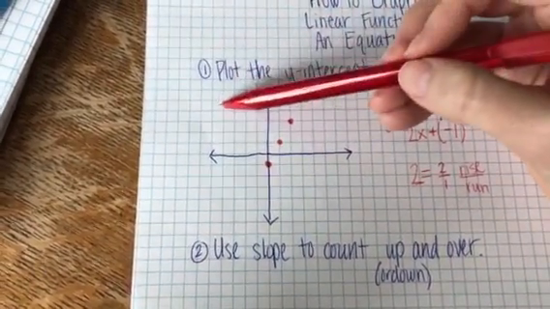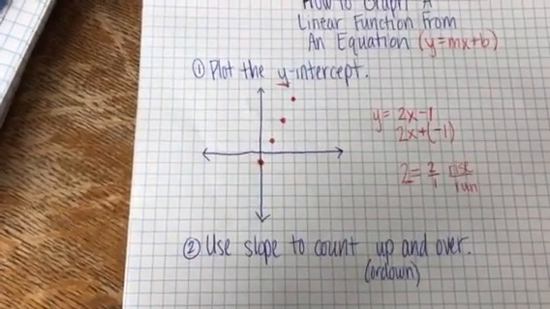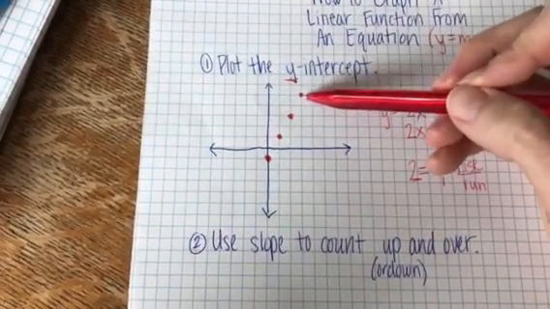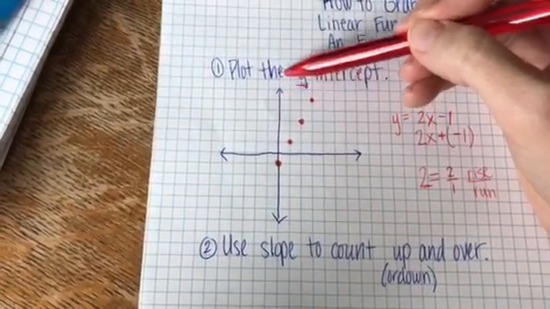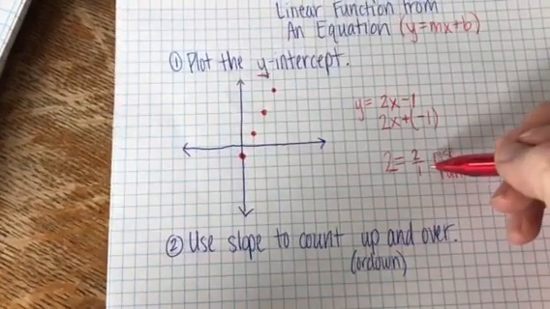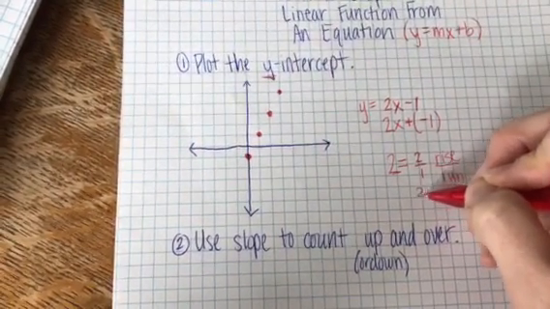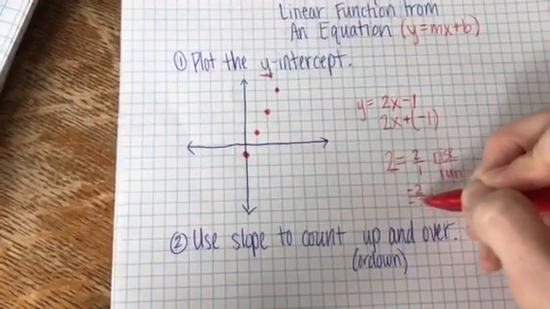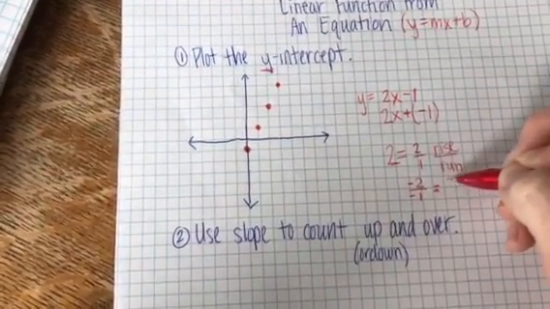Also, if you have run out of room, like let's say our graph wasn't big enough to fit our up and over, maybe for example if we had started at a y-intercept way up here and we couldn't count up, remember that you can always add negative signs to both your rise and your run, because a negative divided by a negative equals a positive.